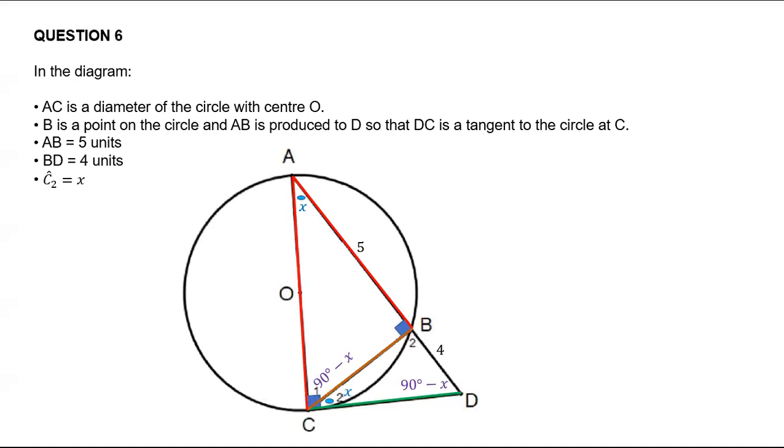The first question wants us to calculate the value of A. And you can tell that A will be equal to X, that is the tan-chord theorem. Now we need to prove that, well, it's CBD. CBD will be this angle here.